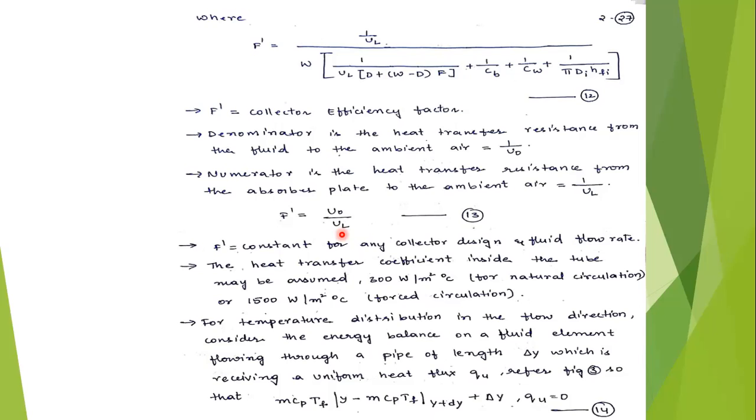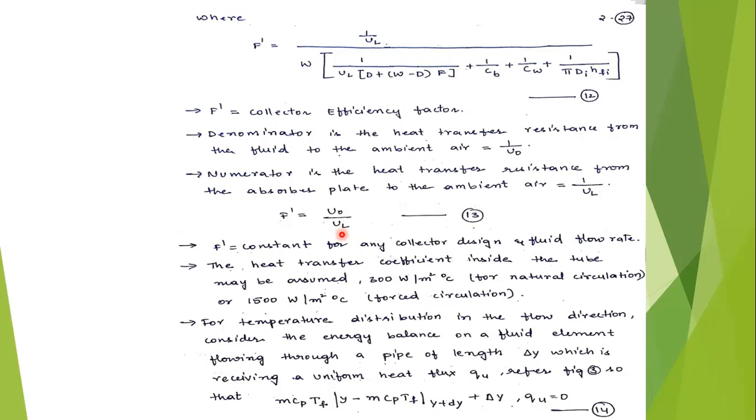The heat transfer coefficient inside the tube is assumed as 300 watts per meter square degrees Celsius for natural circulation. If you use forced circulation, this value will be 3 times more, 1500 watts per meter square degrees Celsius.